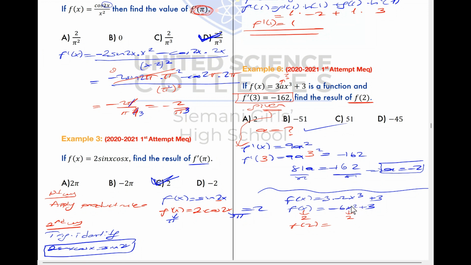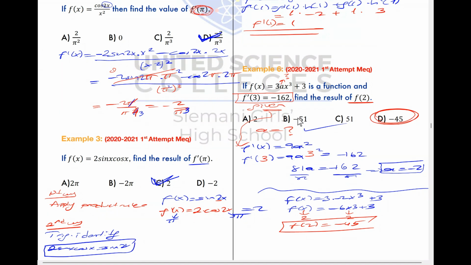It's not squared, it's cubed. I keep making mistakes, see? Now, so here I have 2 cubed, 8. 8 by negative 6, negative 48, plus 3, negative 45. So that's my answer, negative 45, which is option D.